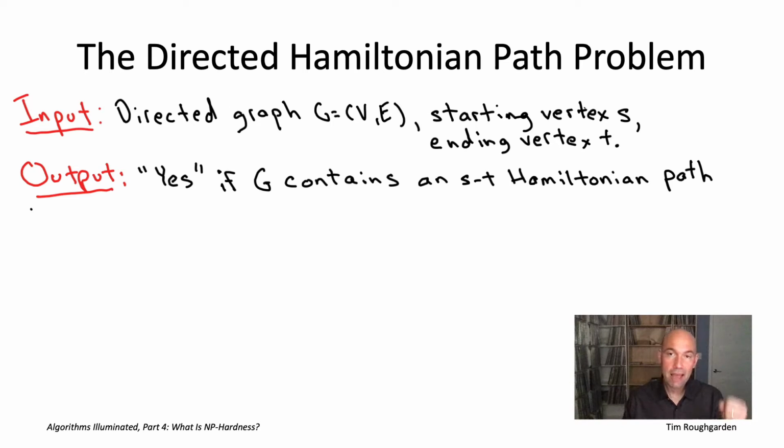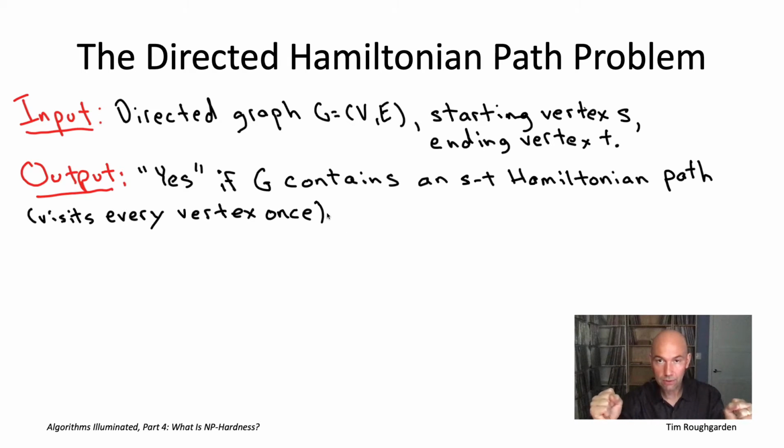So that's a directed path from S to T, and it should visit every vertex exactly once. So it's going to have n-1 edges, if n is the number of vertices, and it's just going to visit every single vertex once, starting at S, ending at T.